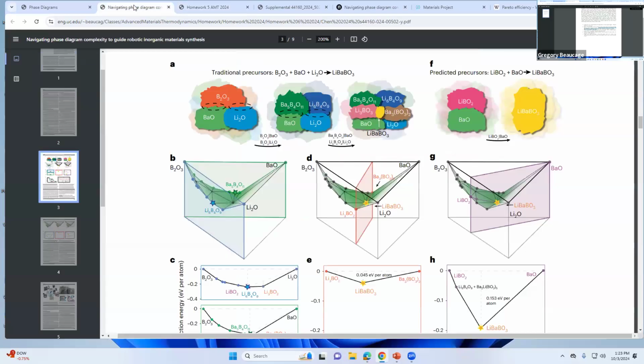So these two are the pure ones. If you mix the oxides, only two can react at a time: boron with barium, boron with lithium, lithium with barium. That's his thesis, what he's saying at the beginning.